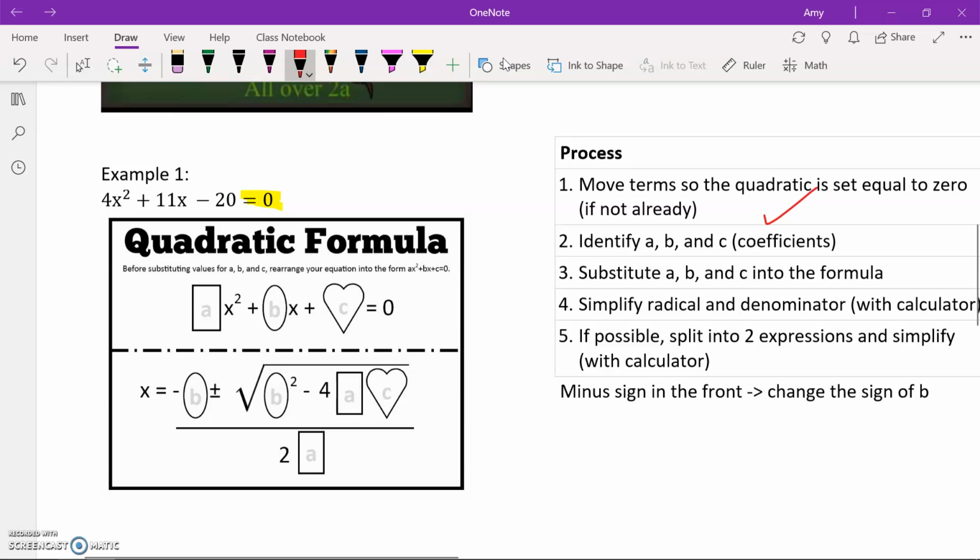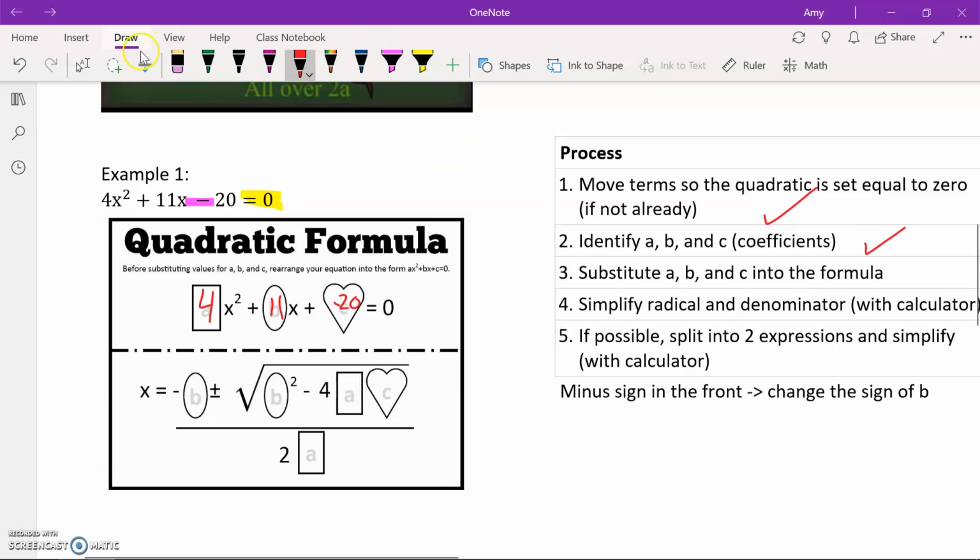In this problem, I'm going to copy it down into these boxes so that I can find A, B, and C. So A is going to be 4, B is 11, and C is negative 20. You notice that I bring that negative sign with the C value so that I can have it in my formula where I need it. So we've done step 2.